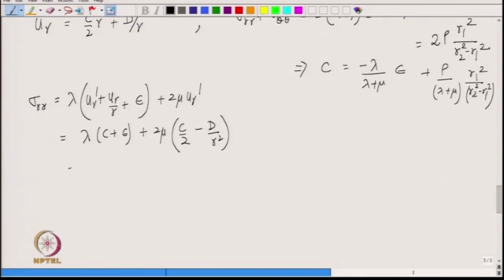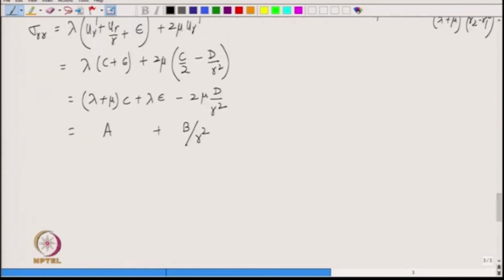So, this is finally lambda plus mu into c plus lambda epsilon minus 2 mu into d by r square. Okay, so that is the expression for sigma r r, and we also said that it is a plus b by r square, correct. So, from here we can find out what should be d.